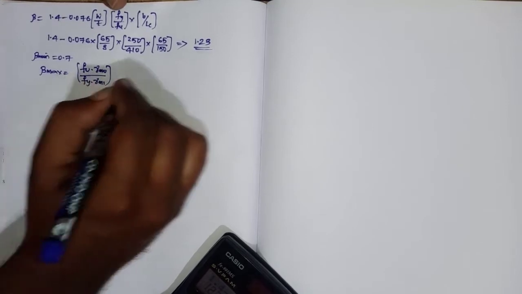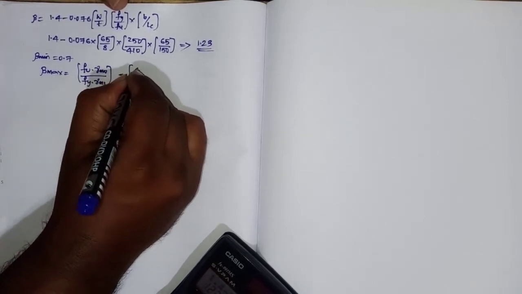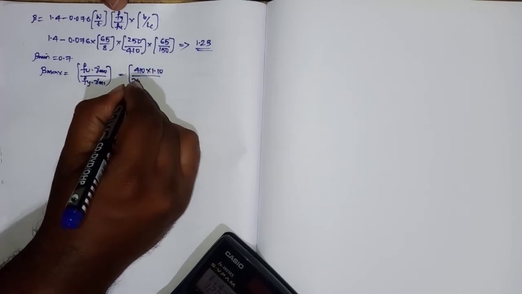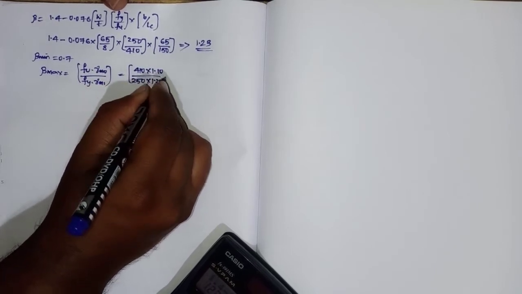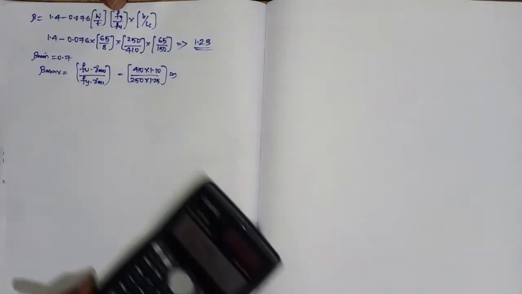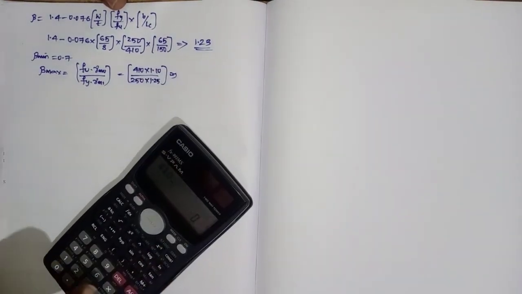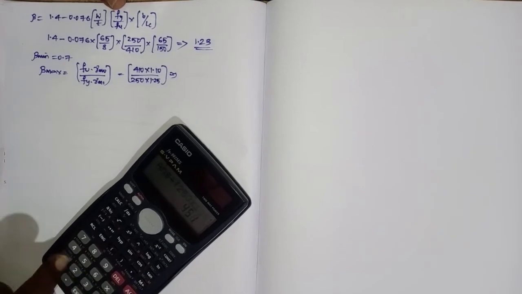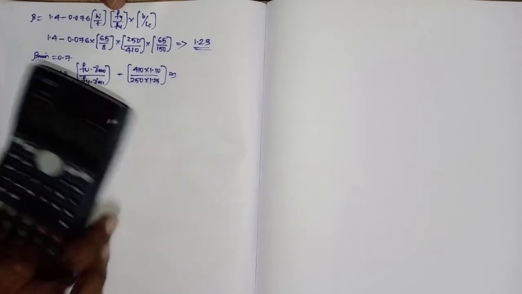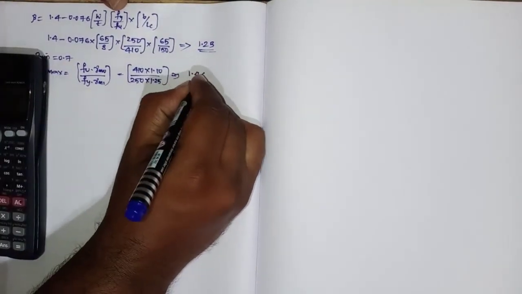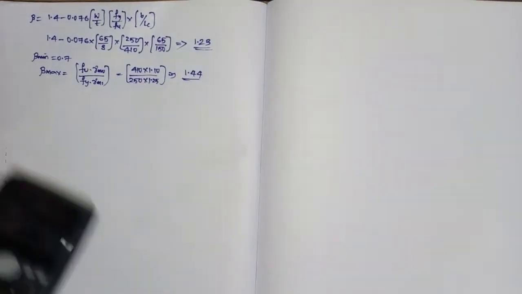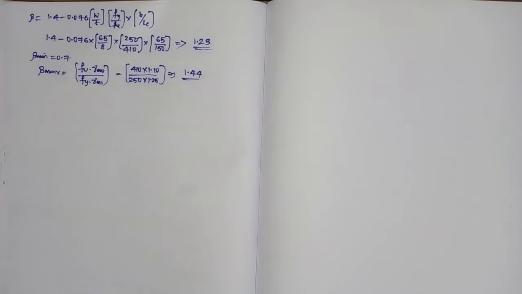Okay, so what is Fu? 410 into 1.10 divided by 250 into 1.25. Okay, 410 into 1.10, 250 into 1.25. Okay, so you are getting how much? 1.44. So it is more than 0.7 and less than 1.44.